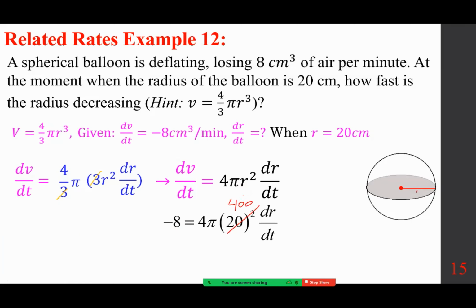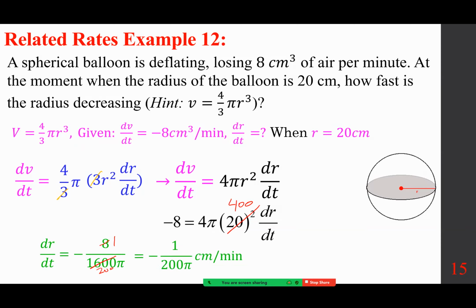Twenty squared is 400. So we divide -8 by 4 pi times 400. 4 pi times 400 is 1600 pi. And so we can get rid of the 8, and 1600 changes to 200. So negative 1/(200 pi) centimeters per minute.